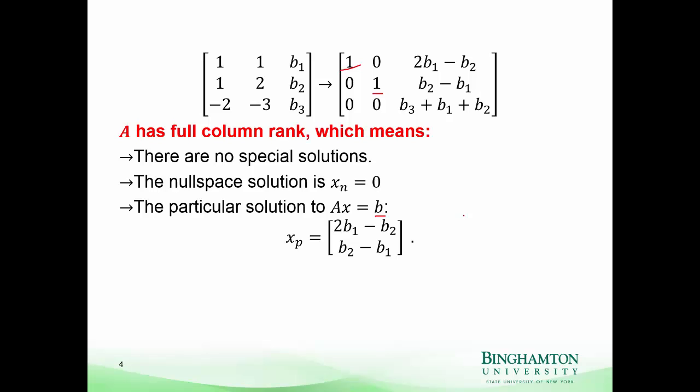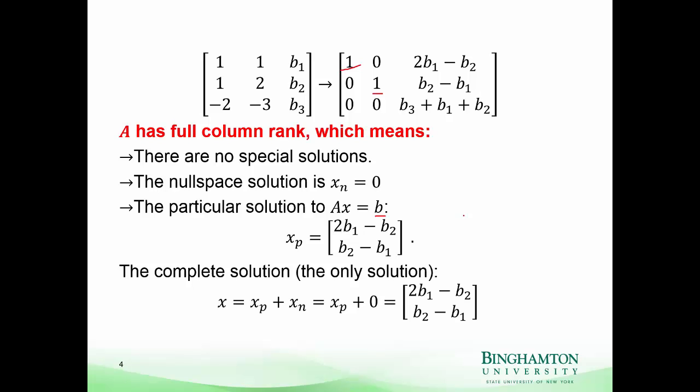So xp will be equal to 2b1 minus b2, and then the second element b2 minus b1. So the complete solution, the only solution, would be this form, and again, this only holds if the B is chosen to lie in the column space.